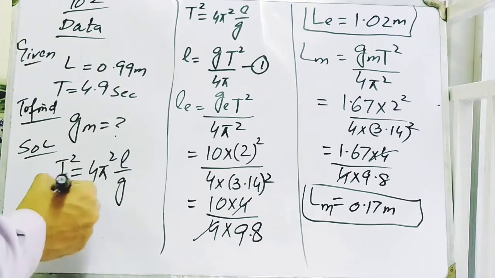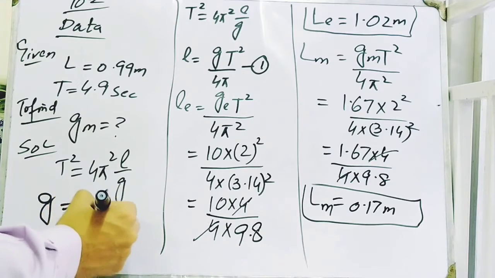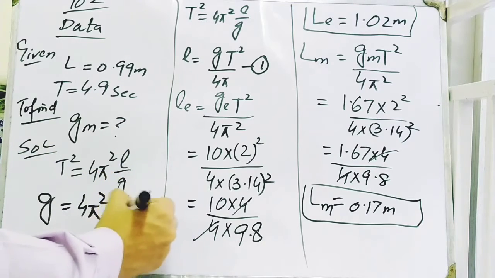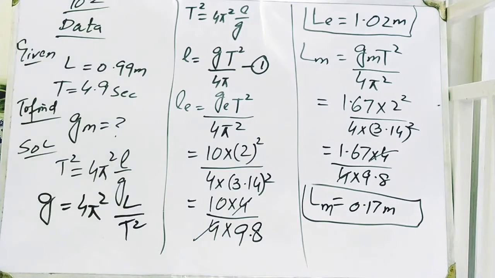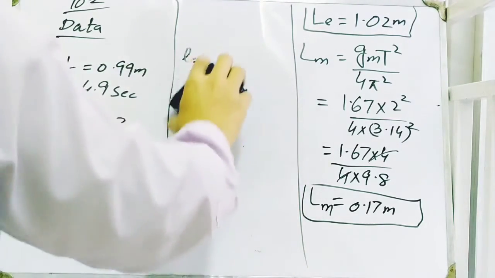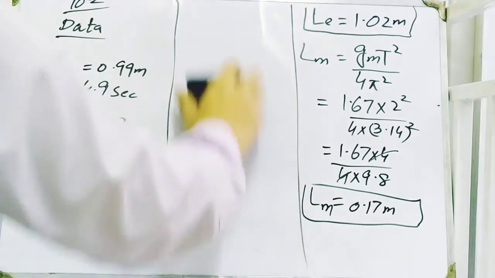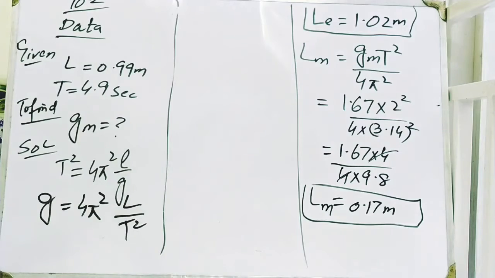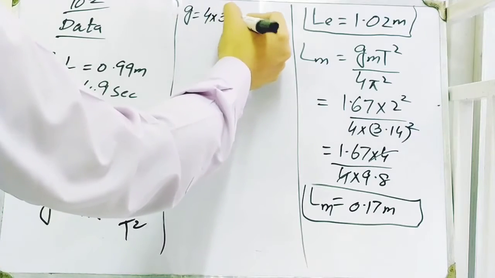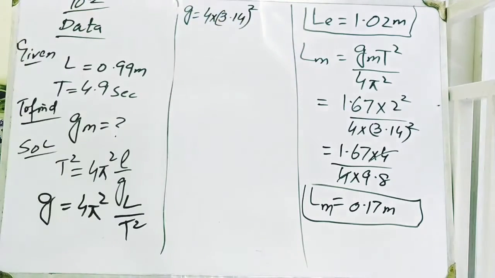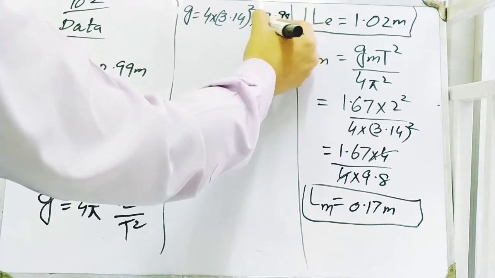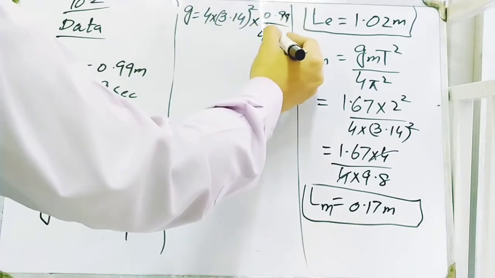G is equal to 4 pi square L over T square. So by putting the values from the given data, we will find G is equal to 4 into 3.14 whole square into 0.99 divided by 4.9 square.